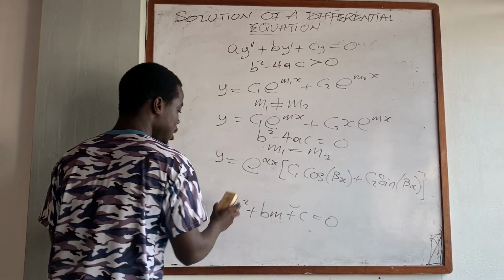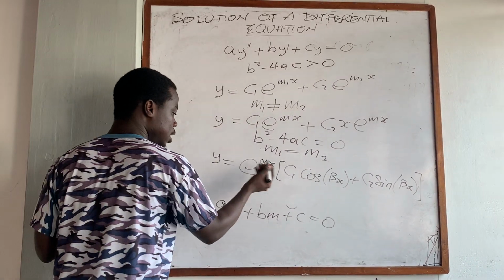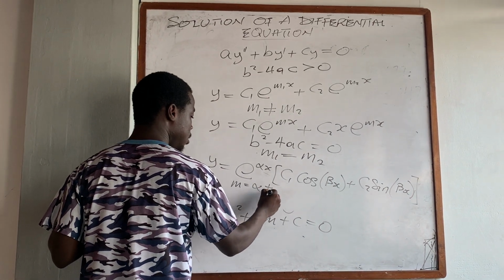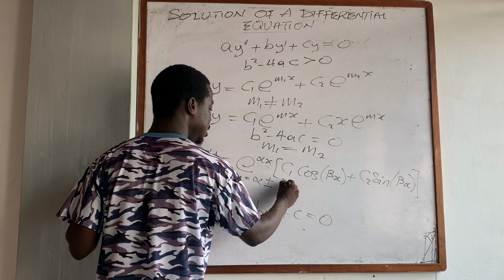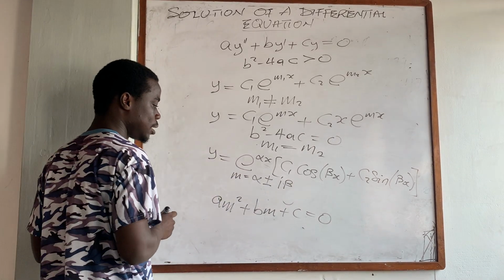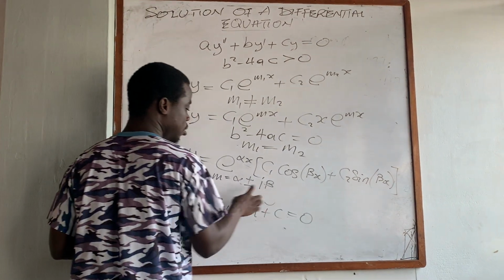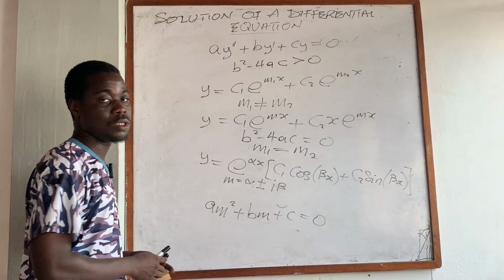So here we are saying that you will get the root in this form: m is equal to alpha plus or minus i beta. So if you get something like this, alpha is the one over here and beta is this. If you get it like that, this is the solution we will get.